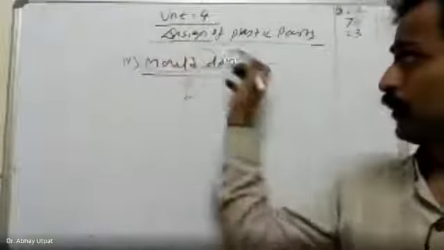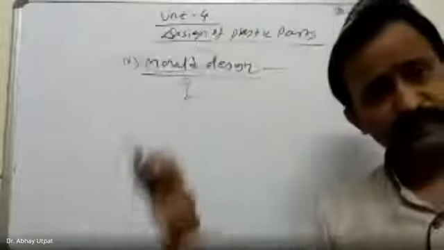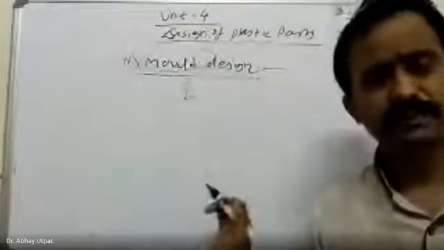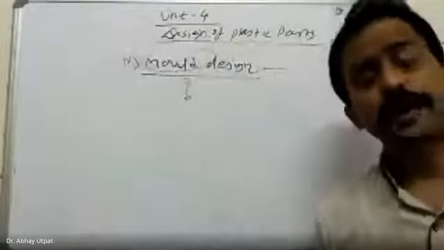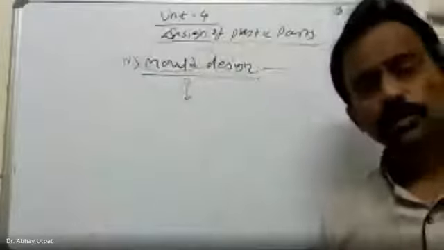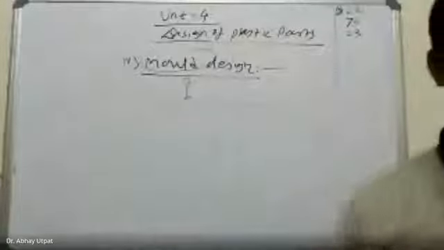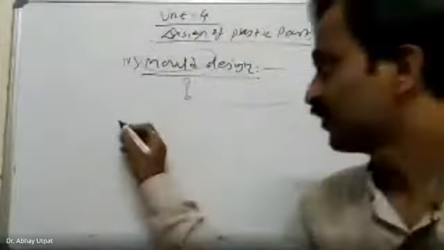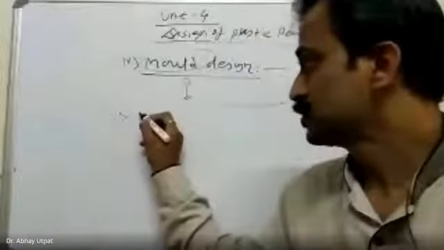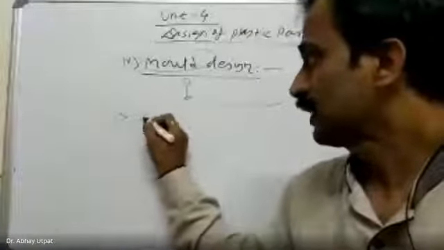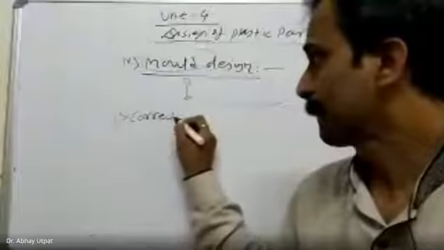So we are talking about part design. I will come to it at the end of this discussion. Why are we focusing on part design? You have to ensure the quality of the product. So to ensure quality, the first requirement is correct part design.